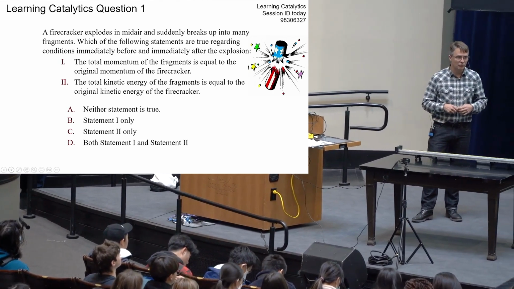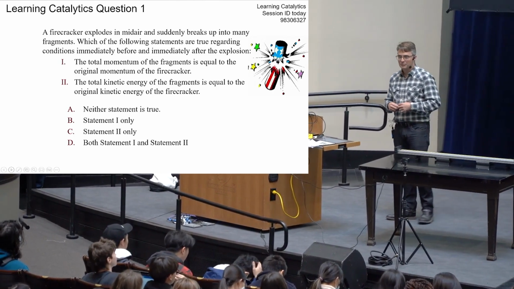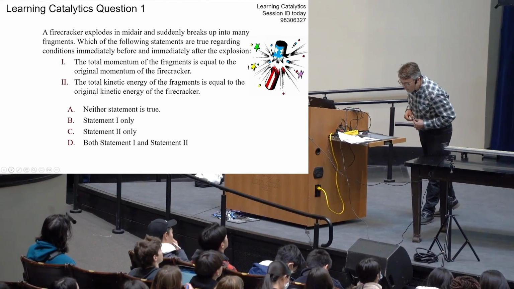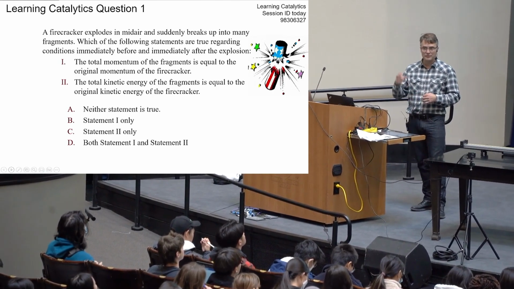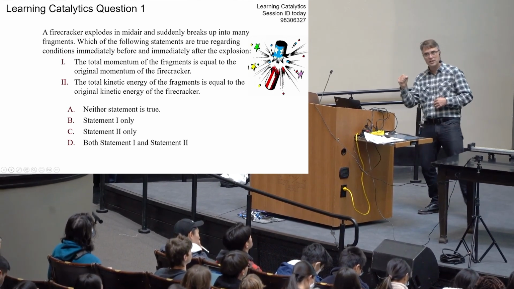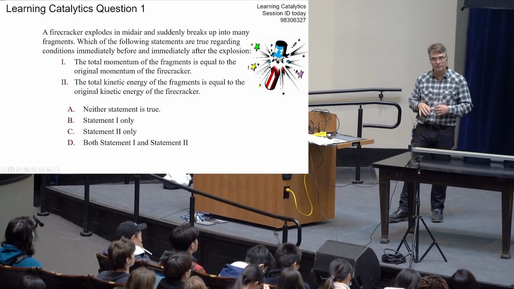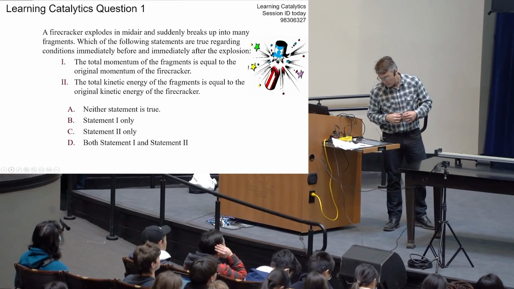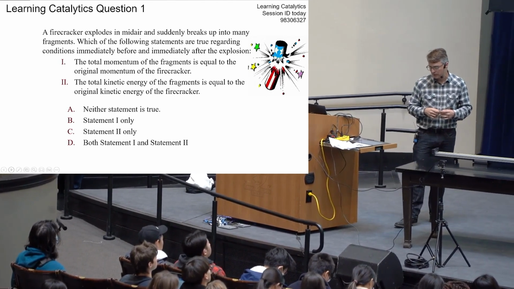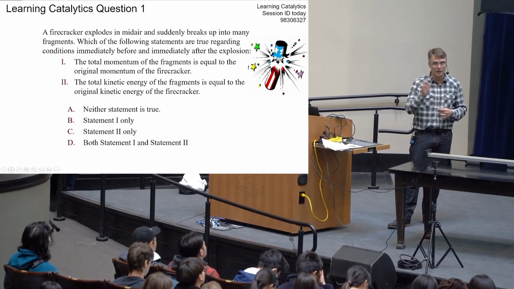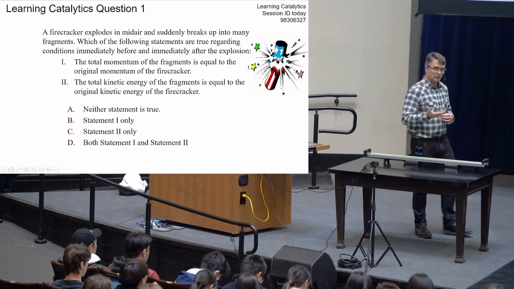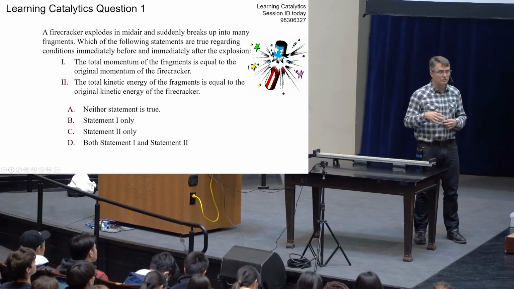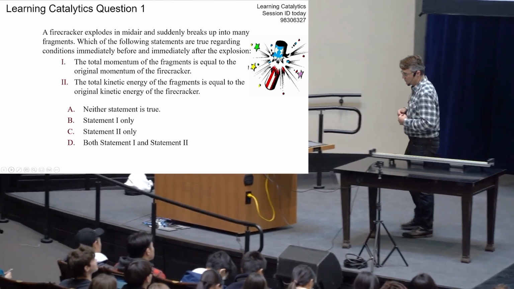Statement I: the total momentum of the fragments is equal to the original momentum of the firecracker. So you've got the firecracker just before the explosion and fragments just after. Statement II: the total kinetic energy of the fragments is equal to the original kinetic energy of the firecracker. So they're either both false, one of them's true, or both true.